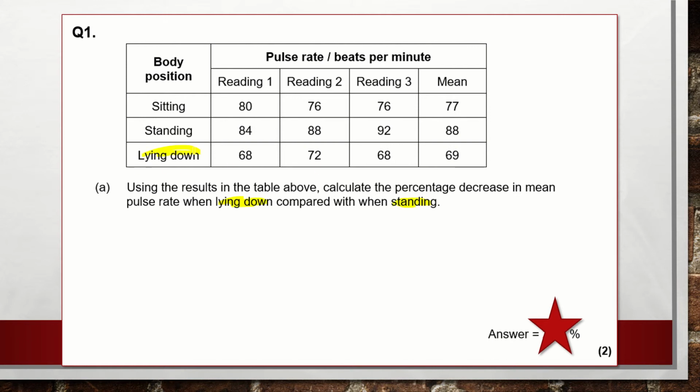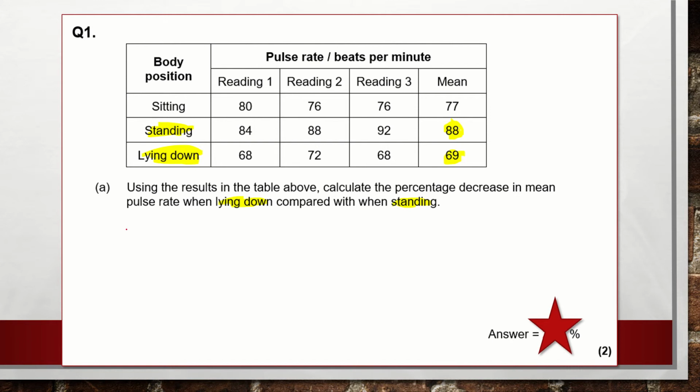We're just looking at the mean, so we're only using these two numbers here. They've given us quite a few, but we're only using these two. In the question, they want us to compare lying down compared to standing, so lying down is the number we're going to use first.